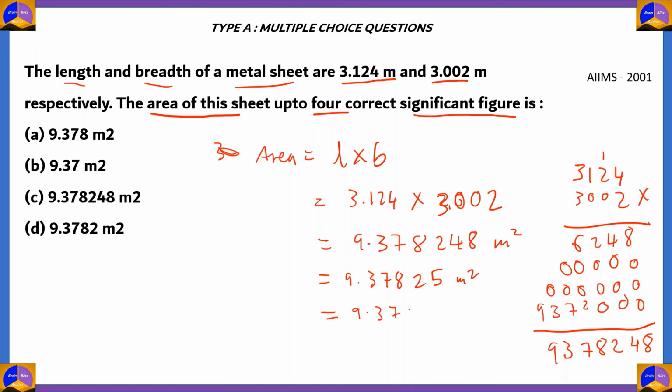So that is 9.3782 meters square. And since 2 is less than 5, we'll get 9.378 meters square. The 8 doesn't change. So the final area is 9.378 meters square. This has the correct significant figures 1, 2, 3, 4, and it also is the right amount of area. So the right answer is option A, 9.378 meters square.